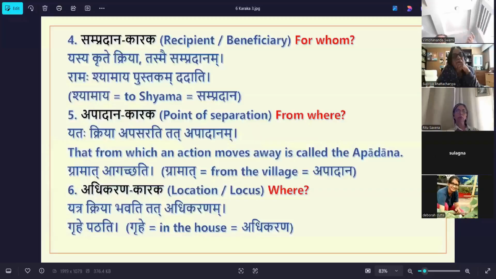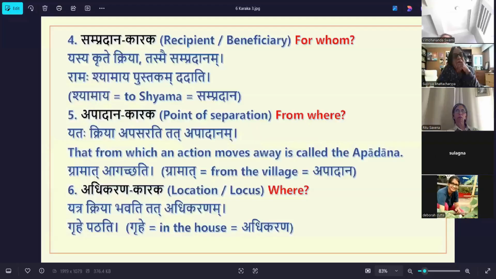Gramat gacchati is going to some other grama maybe. So, from Calcutta he is going to Toronto. That way you can say. So, here agacchati means is coming, returning. So, this much about the apadana karaka.